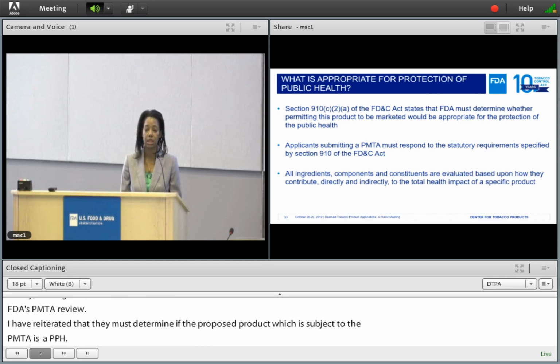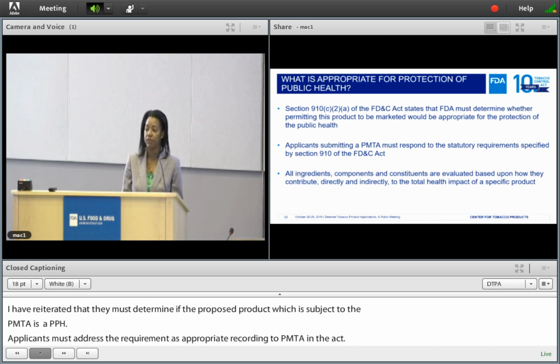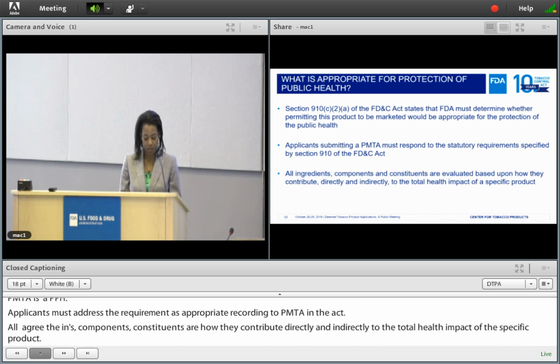All ingredients, components, constituents are evaluated based upon how they contribute directly and indirectly to the total health impact of a specific product. To facilitate review, it is important to summarize the key product characteristics and study results that you believe would make the marketing of your product a PPH.